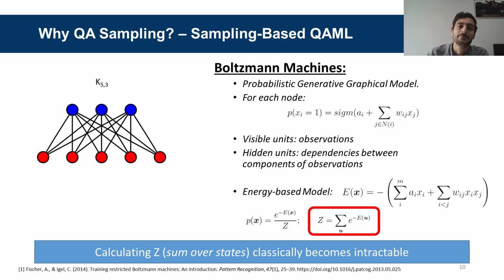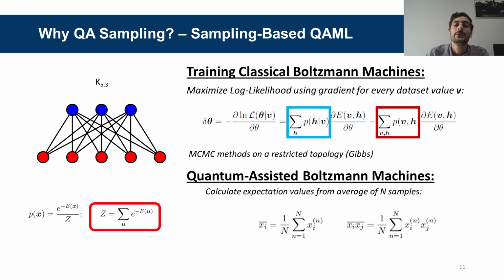Now, of course, that doesn't mean we can't train them classically. It just means that we have to limit ourselves to certain topologies and use Monte Carlo methods to sample. Well, first from the conditional distribution, which you can sample exactly. Then we use Monte Carlo methods to sample approximately from the joint distribution, which allows us to get our gradient and just do our gradient descent here in the training algorithm.